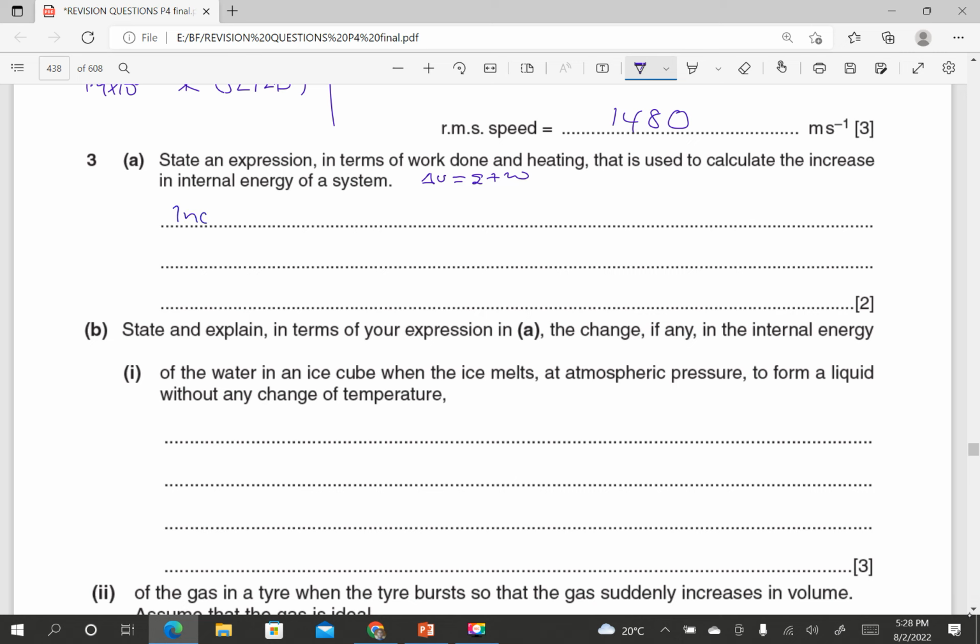I will say increase in internal energy is equal to thermal energy absorbed, or thermal energy added to the system, or heat energy gained by the system, or heat energy transferred to the system, plus the work done on the system.